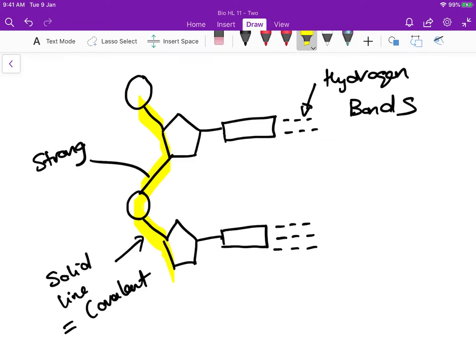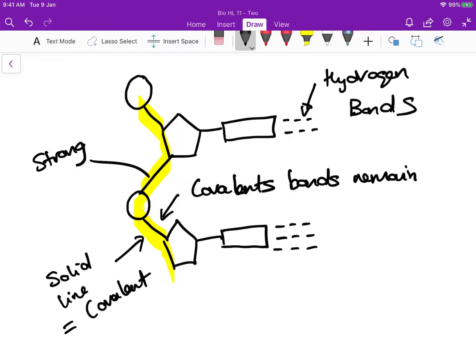So as we keep linking it, the whole backbone is very strong. So if we heat up DNA, we won't be breaking these. Even if we heat it, the covalent bonds remain.